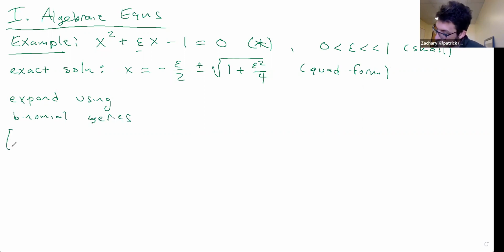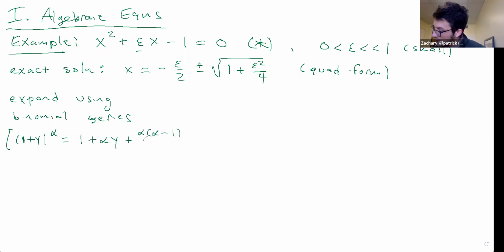And what's the binomial series? I'll just write it down here. The binomial series is, if I have (1 + y) to some power alpha, then I can write this out. This is one particular form of an expansion to approximate this for y small.